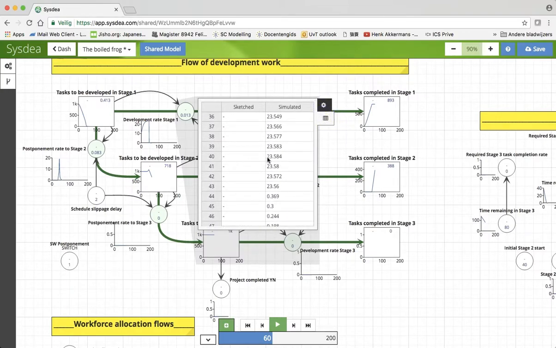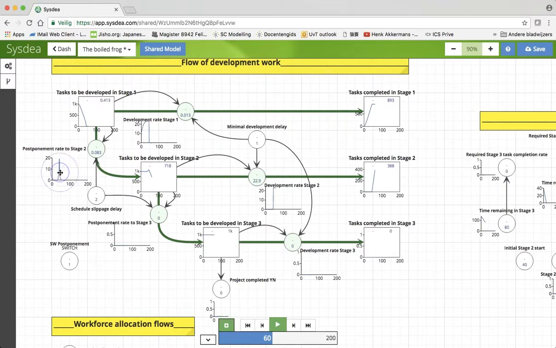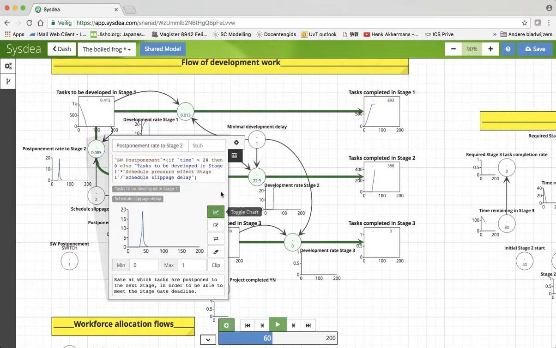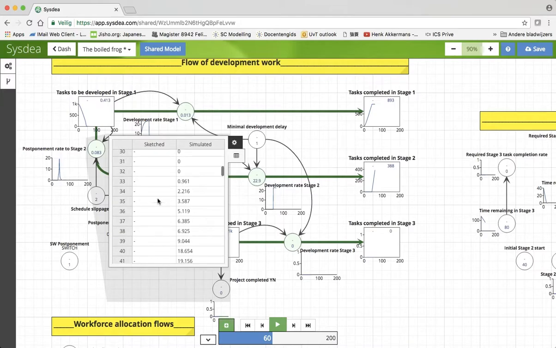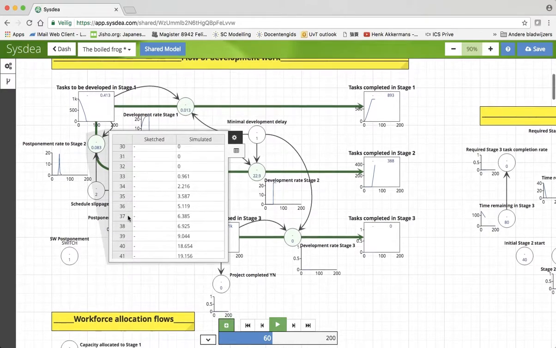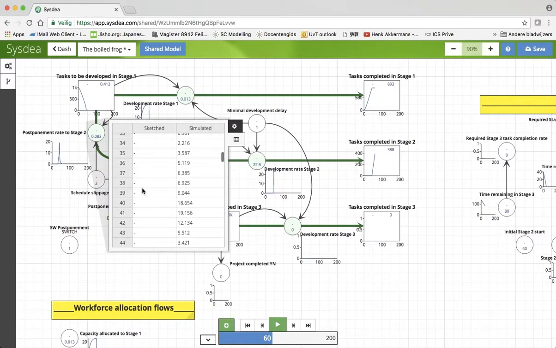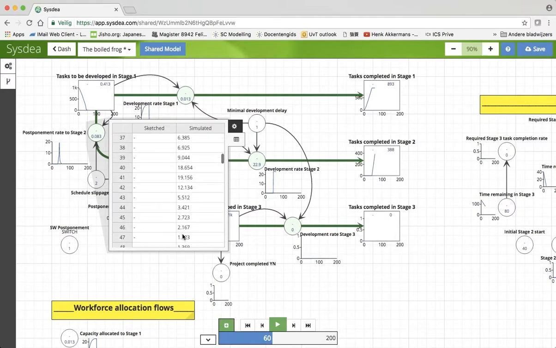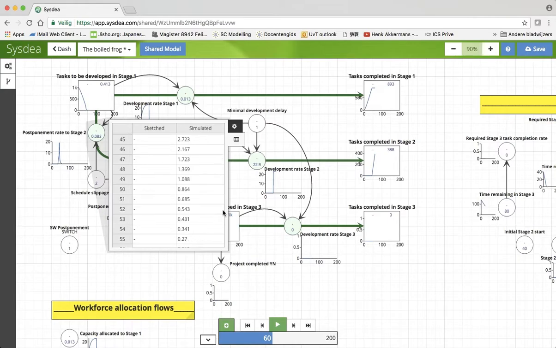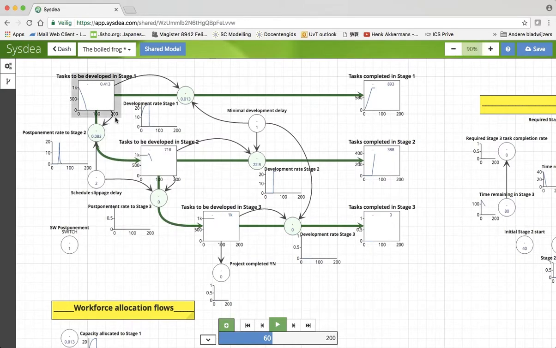We see that for 3 more weeks, quite some more work, 23 tasks, is being done. But what is mostly happening, if you look at the postponed tasks, is that from week 33 onwards, not 40 but 33, we see quite some postponements to the next stage. And that's basically what is happening.